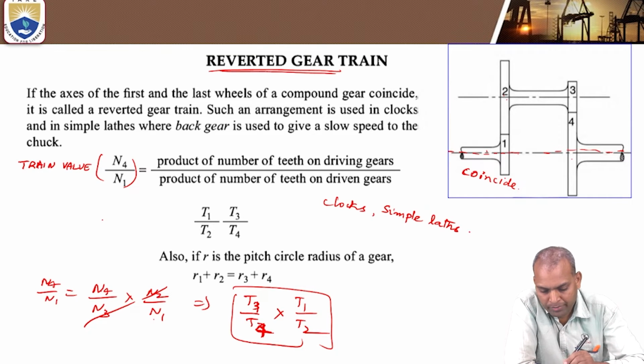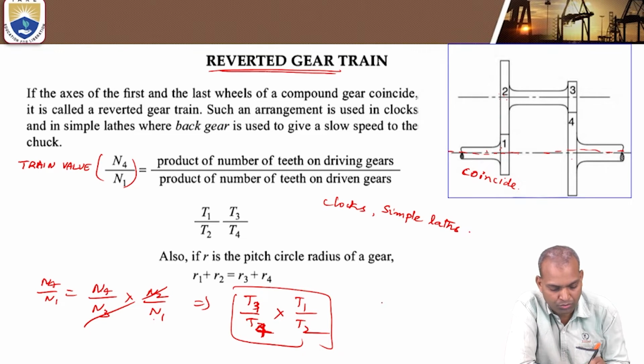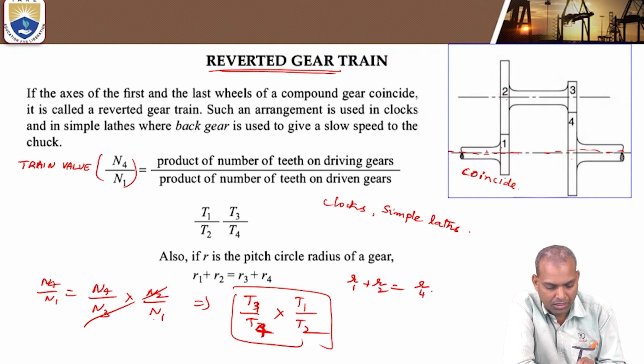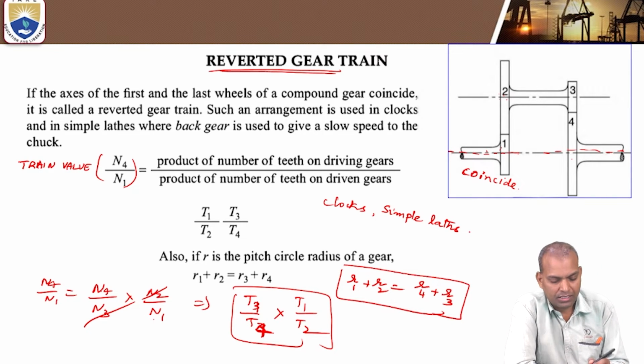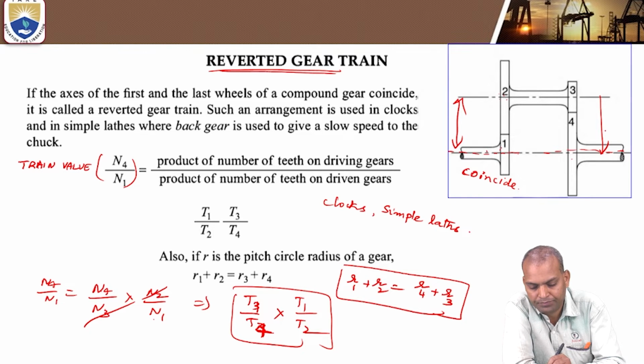One more important point is that the special feature in comparison to a compound gear train is that the sum of the radii, R1 plus R2, equals R3 plus R4. Here R is the pitch circle radius of gears 1, 2, 3 and 4.